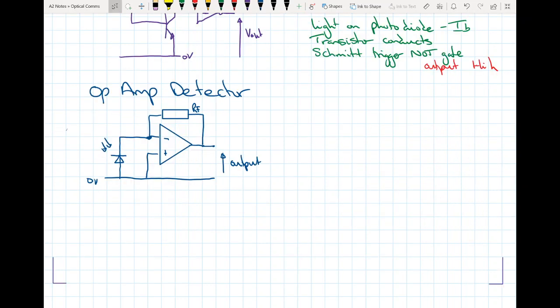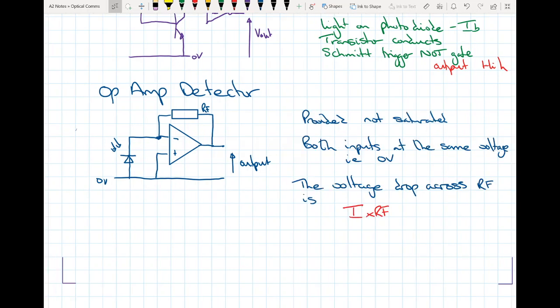Our last circuit is an op-amp detector, still using a photodiode. Provided the output isn't saturated, both input terminals of the op-amp are at the same voltage. Then the voltage drop across RF is I times RF, which gives us our voltage out.